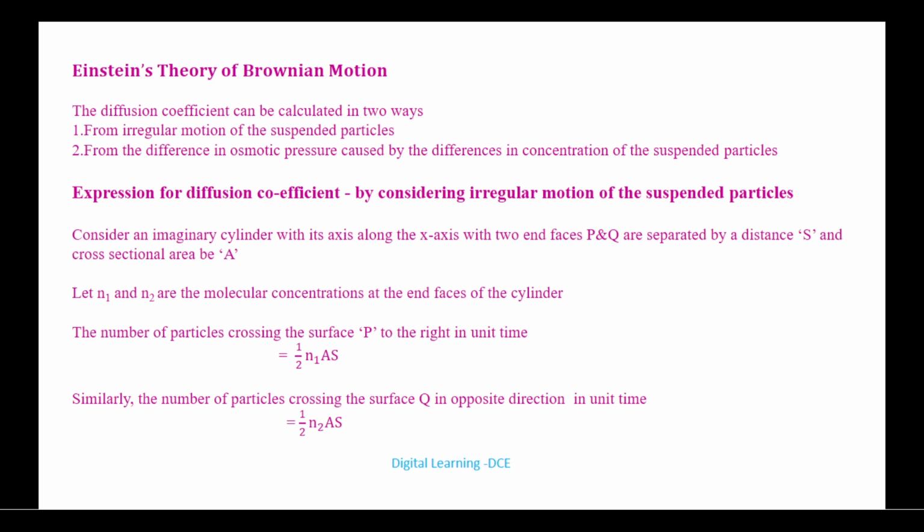Now we will discuss Einstein's theory of Brownian motion. In this we have the derivation of the equation for the coefficient of diffusion. Einstein derived the diffusion coefficient by two methods: by considering the irregular motion of the suspended particles, and by considering the difference in osmotic pressure caused by the differences in concentration of the suspended particles.